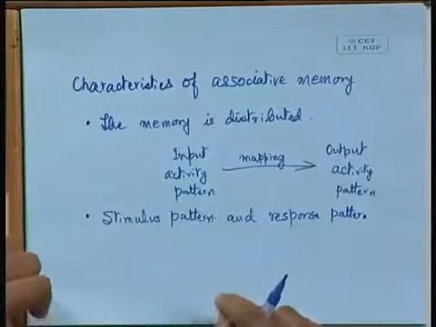Now what is the response pattern? It is not only that I know I have seen this person in neural network class, but also more or less I will be able to predict some more things.